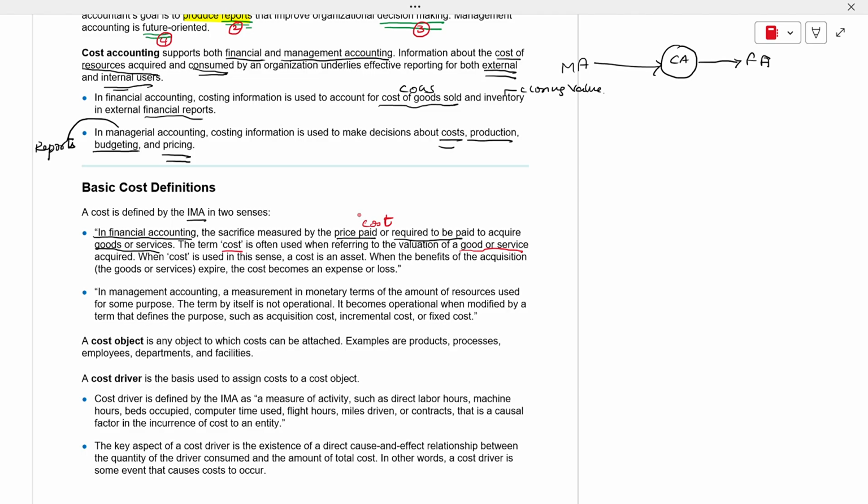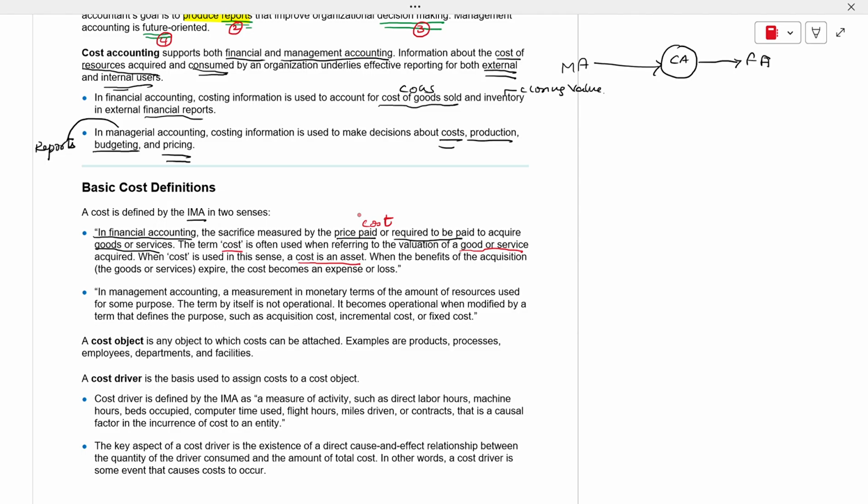Somebody asks you what is the cost of the smartphone, or what is the price of the car. When cost is used in this sense, a cost is an asset. If you say I have a car, they will ask you what is the cost of the car, meaning the car is an asset to you.